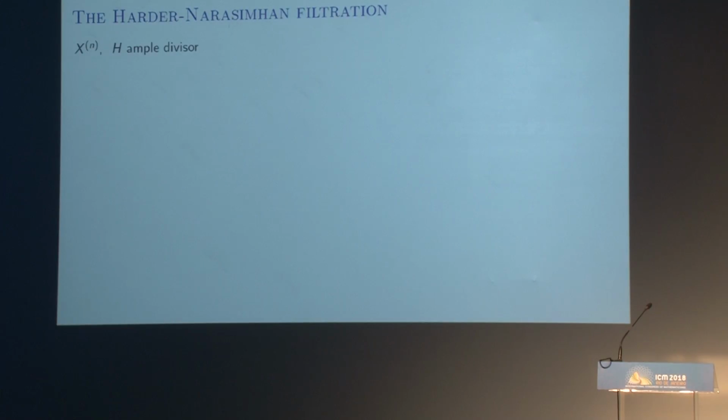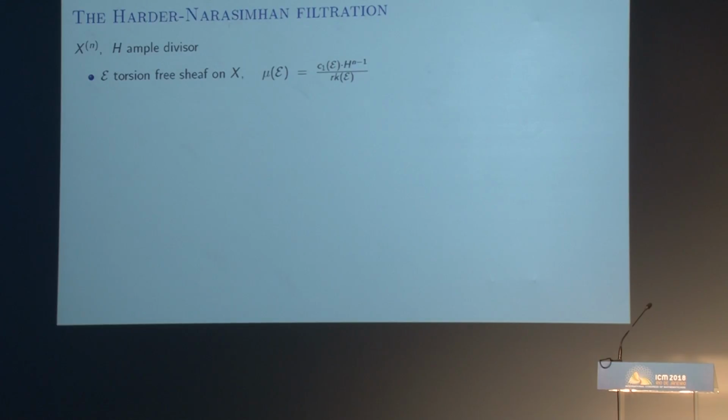So we start with an n-dimensional, say, complex projective manifold X and an ample divisor H on X. If you have this, then you can define a notion of slope. For every torsion-free coherent sheaf E on X, you can define the slope as the degree of the sheaf E measured with respect to this ample divisor, and then divide by the rank.